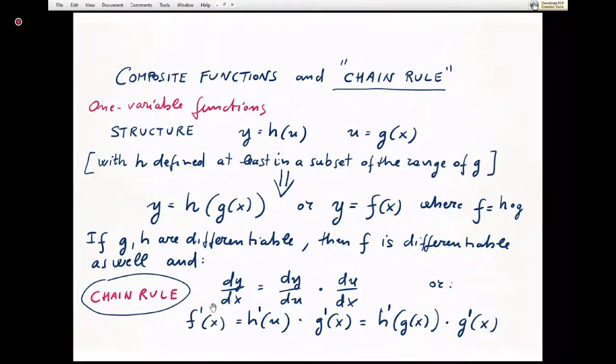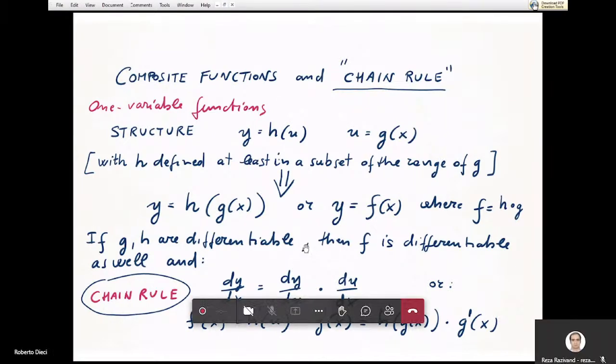Okay, and the derivative of the composite function, dy over dx, is the derivative of y with respect to u, times the derivative of u with respect to x. So it's a chain, it's a product between two different derivatives. Okay? The derivative of the inner function with respect to x times the derivative of the outer function with respect to the image of x.